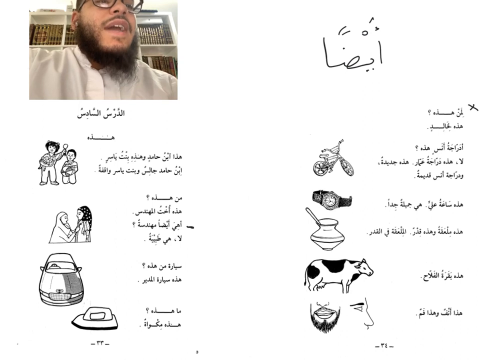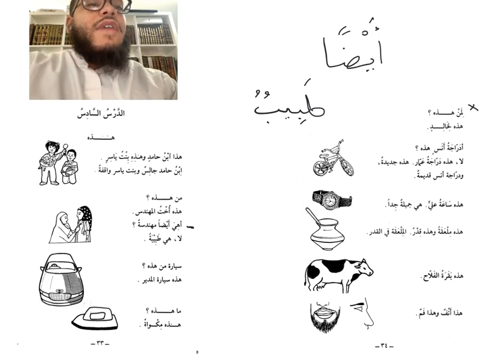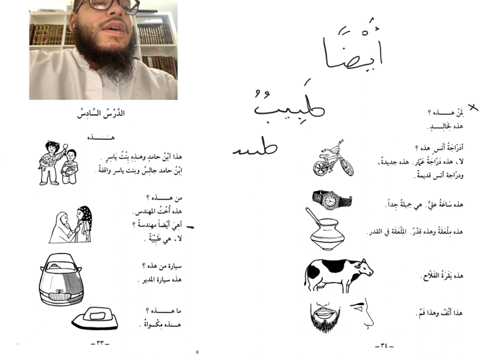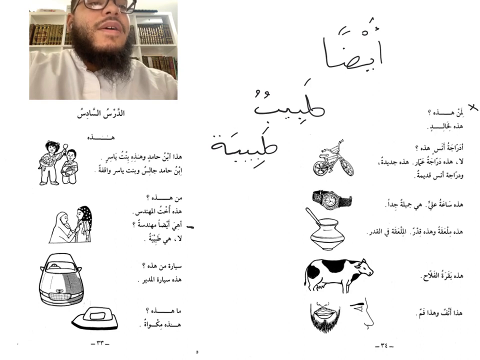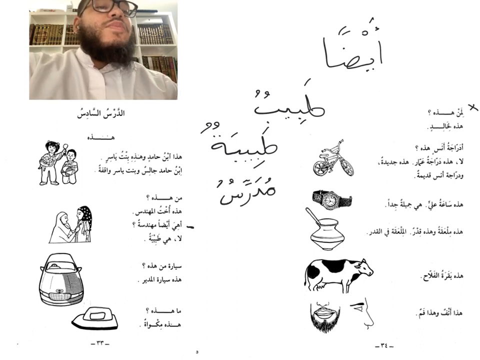Another thing to learn, we had nouns like this before: tabibun, meaning a doctor. If I want to make this feminine, all I do is add the ta marbuta at the end, and the letter before it takes fatha. Tabibatun. So tabibun becomes tabibatun. Mudarrisun becomes mudarrisatun.